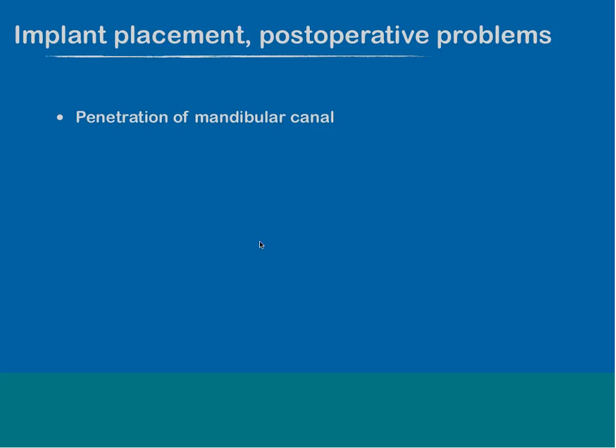And the patient can have dysesthesia or a change of sensation, because if the implant is, let's say, screwed onto the roof of the mandibular canal, there could be an edema in the tissue of the mandibular canal, which raises the pressure on the Schwann cells of the alveolar nerve, which leads to problems with the sensation, and that means implants don't have to penetrate the mandibular canal.